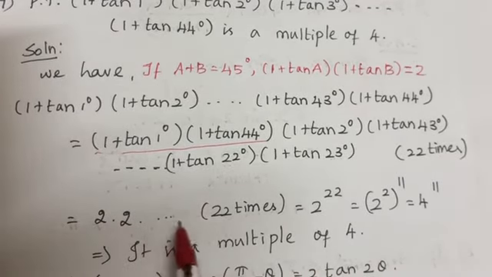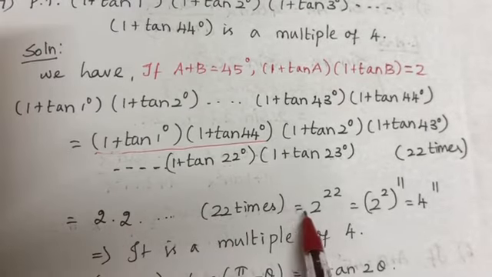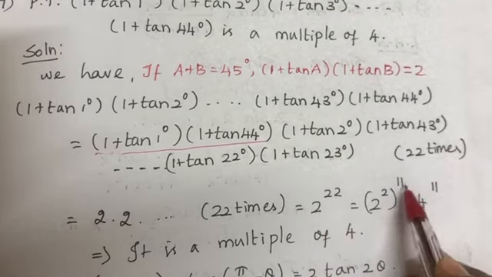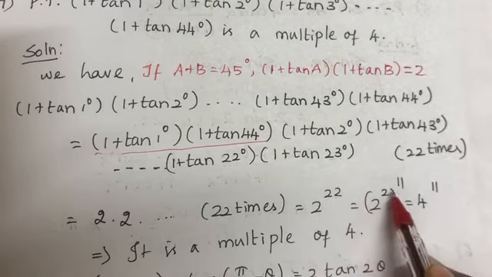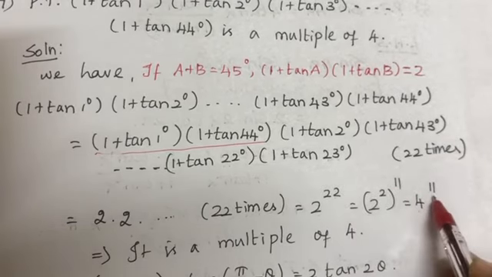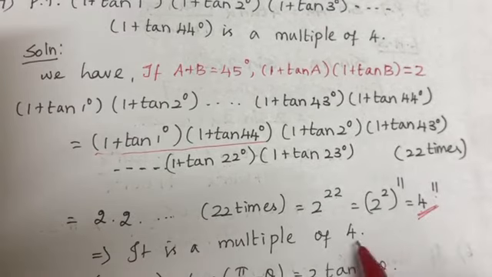Like that, we have 22 factors, each equal to 2. So, that is 2 power 22. I write 22 as 2 into 11. So, 2 square power 11. 2 square is 4, so 4 power 11. So, obviously, this is a multiple of 4.